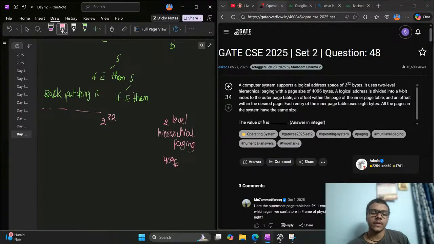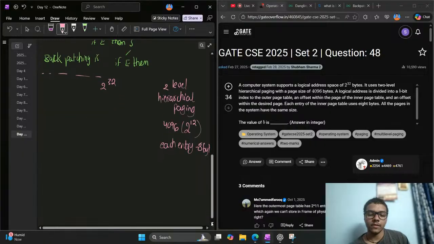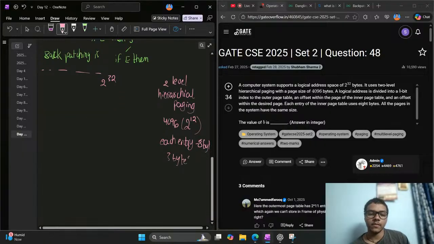Page size is 4096, which is basically 2 power 12, so 12 bits will be occupied for the page offset. The logical address is divided into a B-bit index, an index within the inner page table, and an offset within the desired page. Each entry is 8 bytes, so the offset is log 8, that is 3 bits.